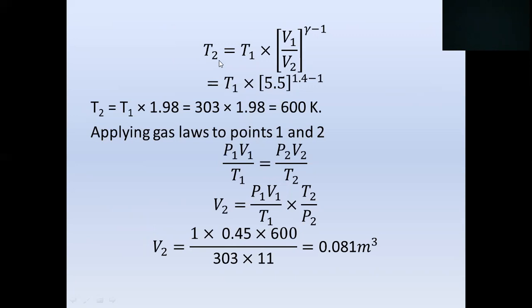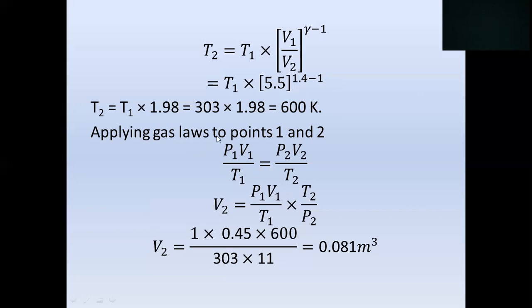To find T2, we have a relation T2 is equal to T1 into V1 by V2 the whole power gamma minus 1, which is equal to T1 into R, the whole power gamma minus 1. The value for R is 5.5, gamma value is 1.4. Therefore, T2 is equal to T1 303 into 5.5 the whole power 1.4 minus 1, value is 1.98, which is equal to 600 Kelvin.